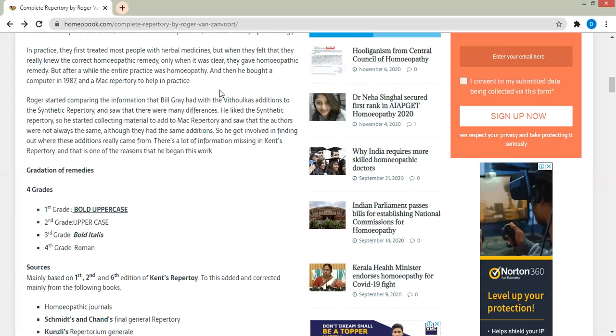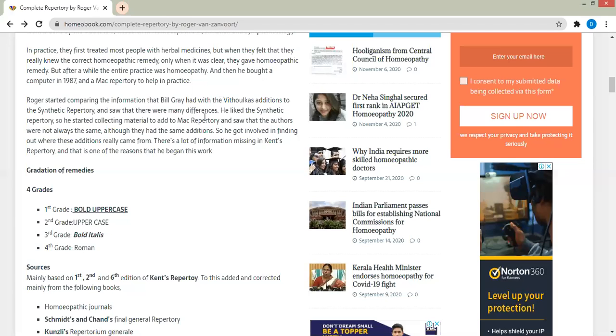Roger started comparing the information that Bill Gray had with Vithoulkas's additions to the synthetic repertory and saw that there were many differences.